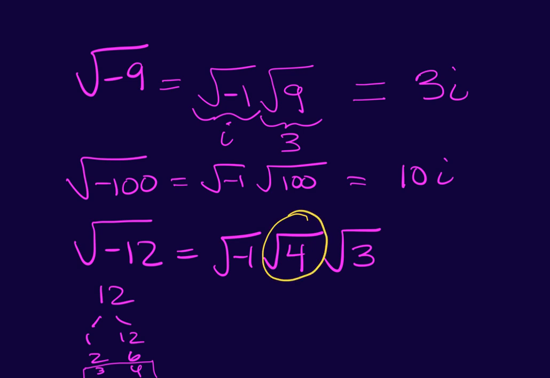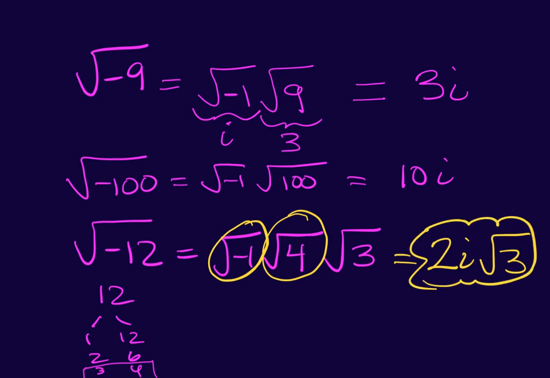That part can become a nice whole 2, and I'm going to bring it out front. This part is going to become an i. And then the radical 3 is really in lowest radical form. Having a 3 underneath a square root, it has no perfect squares that divide into it. So this is really the lowest form of that.